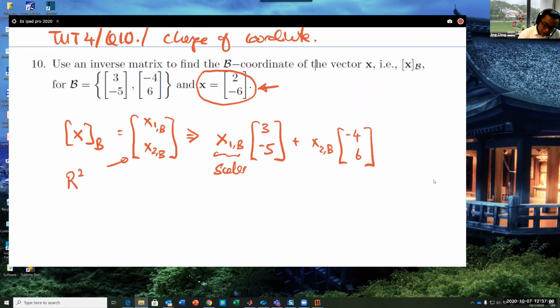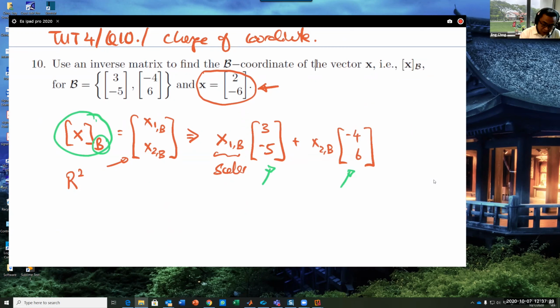So the idea of saying that a vector is expressed in a different coordinate, in here B, is saying that we are using these columns to represent how we move along the direction in B.